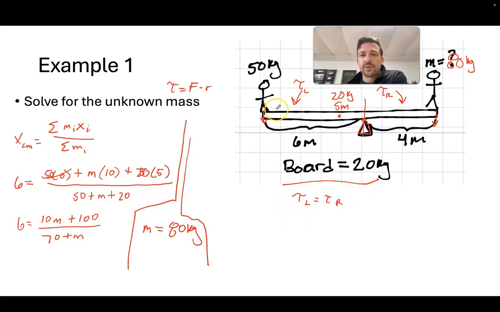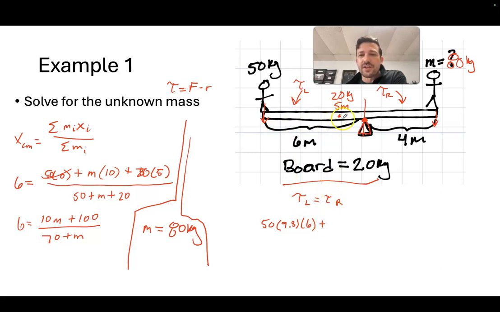Okay, so let's see. The torque on the left, you have a 50 kilogram person. We should do the force, because it's going to be force times radius. Force would be 50 times 9.8, right? Times the radius here, which is the radius from the center at which it's turning. So the radius would be 6.